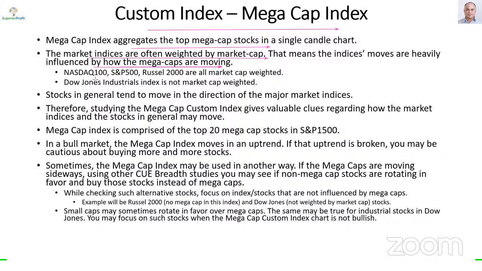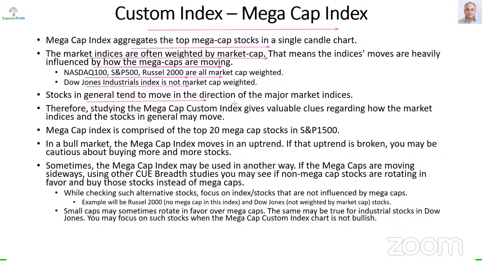How mega caps are doing, we can read from mega cap index. Nasdaq 100, S&P 500, Russell 2000, all are market cap weighted. Not that all of them have mega caps. Russell 2000 don't have mega caps. They're small cap index, but they are all market cap weighted. Dow Jones Industrials Index is not market cap weighted.